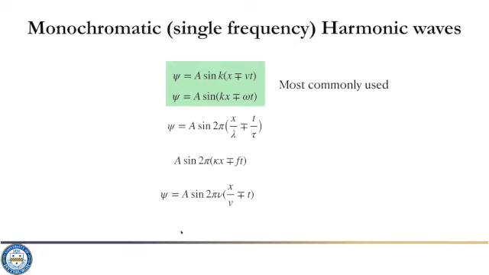So monochromatic harmonic waves, which means that they have a single frequency, can be represented by many different forms, which are shown here. So psi can be, as we've already derived, A times sine k times (x minus/plus vt), or it can be represented as A sine of (kx minus/plus omega t). The minus sign represents a wave traveling to the right, and the plus sign represents a wave traveling to the left, or negative direction.